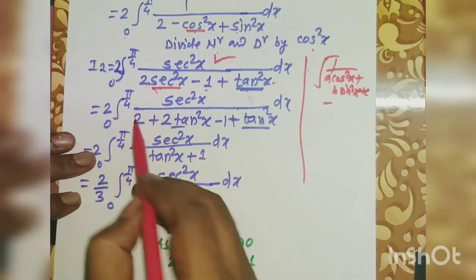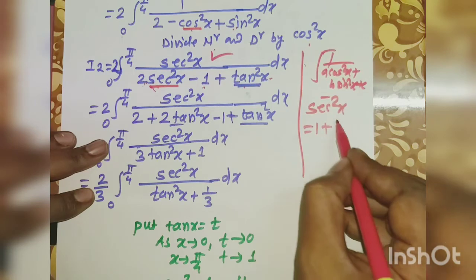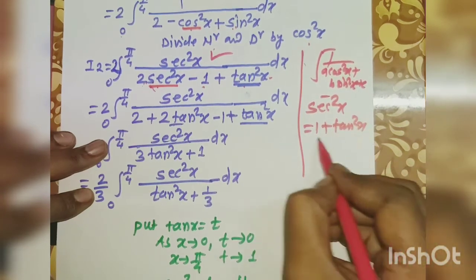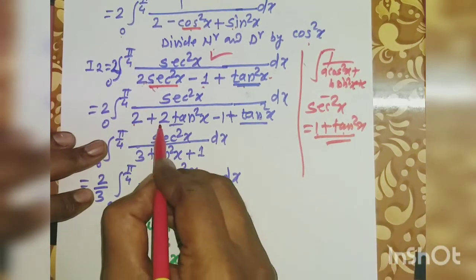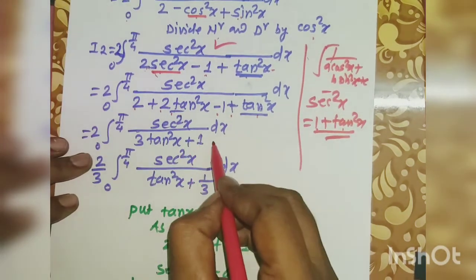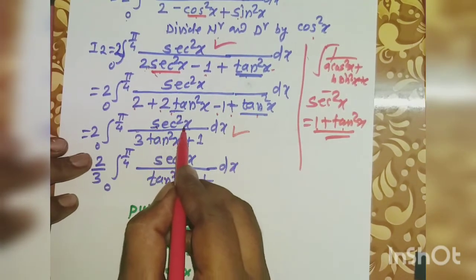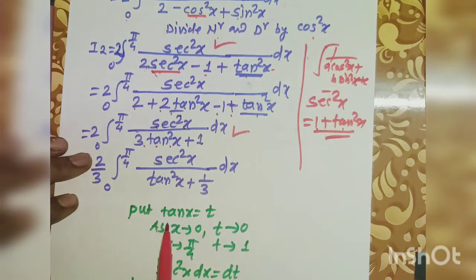Then multiply this: sec square x is equal to 1 plus tan square x, multiply this by 2. 2 plus 2 tan square x minus 1 plus tan square x. Then we get sec square x divided by 3 tan square x plus 1.